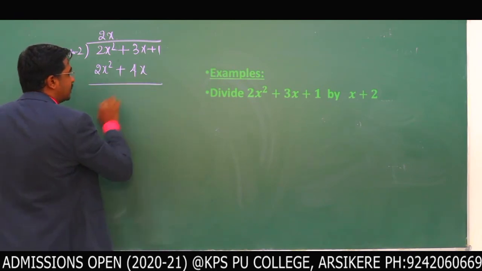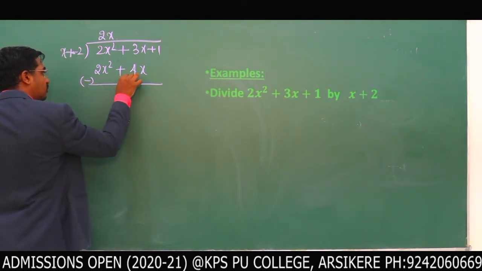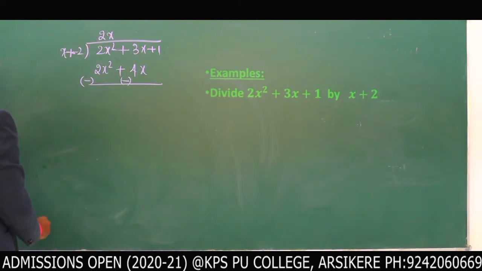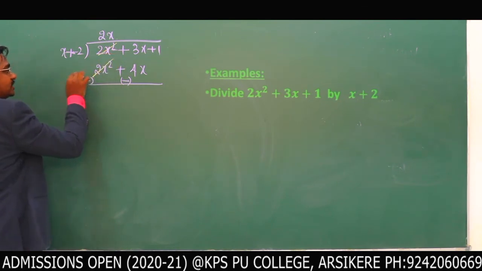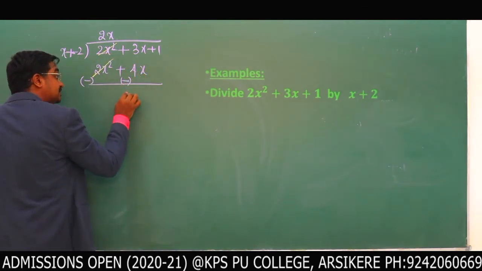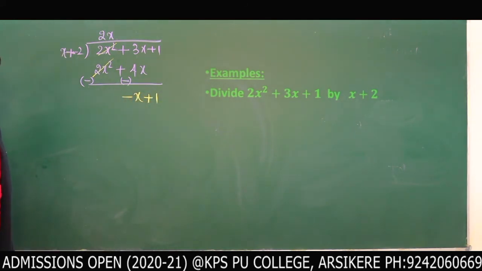Now go with the subtraction. So here we have minus sign and here also follow negative sign. And this reduces, plus 2x square minus 2x square get cancelled. 3 plus 3x minus 4x, that become minus x and take 1 as it is.